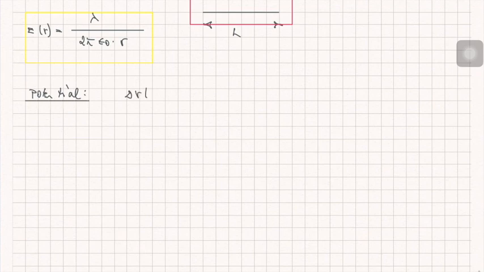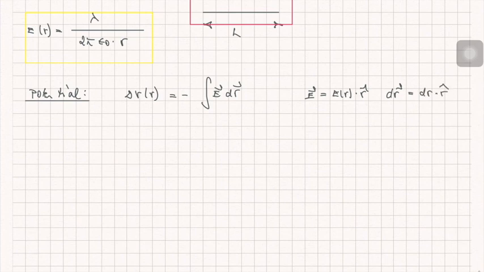We have delta V is minus the integral of the electrical field E dr. Now the electrical field is only dependent on r, so vectorially, E is E of r times the radial unit vector, and dr is dr times the radial unit vector. So this is something very simple.